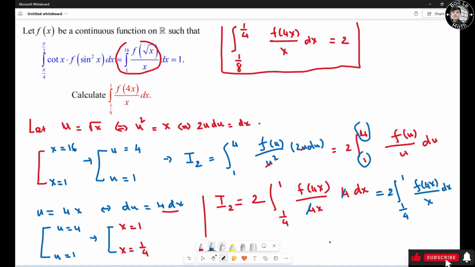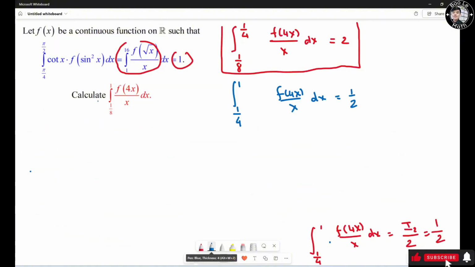Now I solve for this by dividing both sides by 2, so the integral from 1/4 to 1 of f of 4s over s ds equals I2 divided by 2. But I2 equals 1, so it is 1/2.